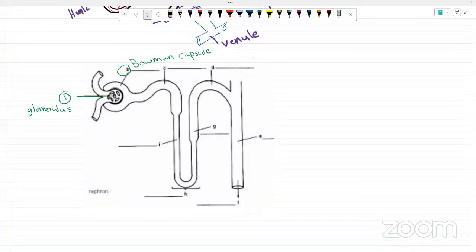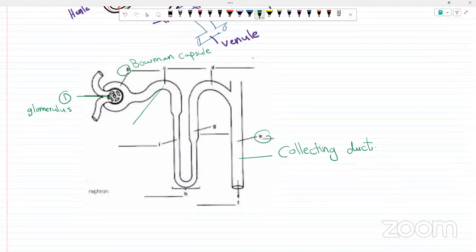Okay, what about this part here? What is the name of that part? Yes, Usama, collecting duct. Okay, what is the name of that part?